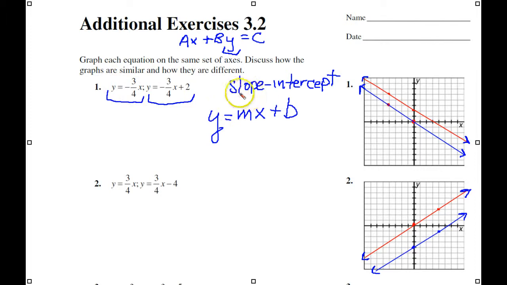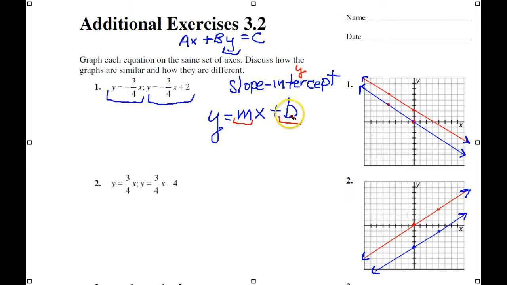This is slope-intercept form. Now, in slope-intercept form, we notice that this letter m, that is the numerical coefficient of x, the number that precedes the x, is actually the slope of these equations. And this letter b right here, this is called the y-intercept.